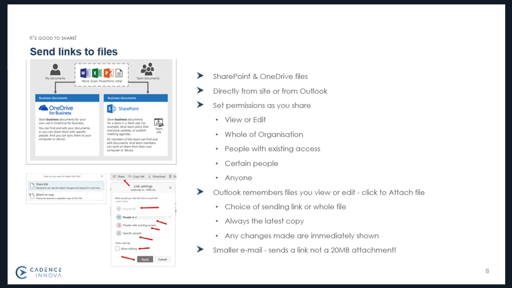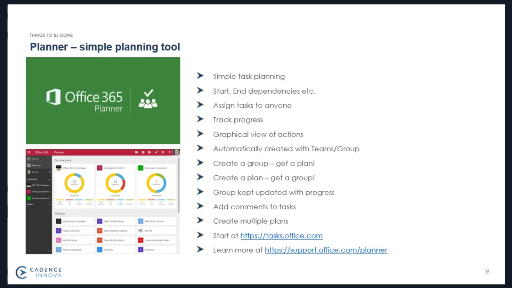And the reason why that's effective is if you specifically say that the recipients of an email are the only people who can have permissions to that attachment via the link, then if they forward that email to somebody else, they won't have access to it. And that gives you an element of control over who can see your files or settings.